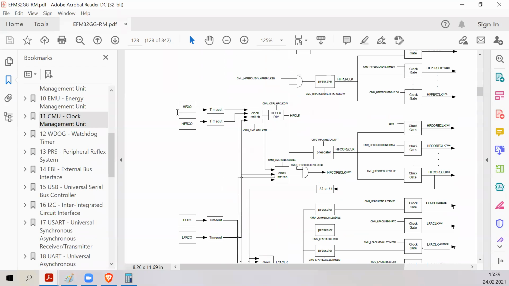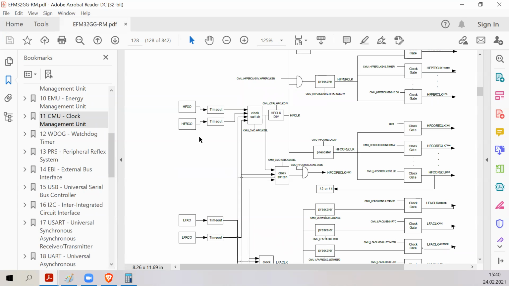And for the high frequency domain, let's say, again, the built-in oscillator of this microcontroller is up to 28 megahertz, but basically the chip is built in such a way that it can run up to 48 megahertz. It's just very hard to build a 48 megahertz RC oscillator.